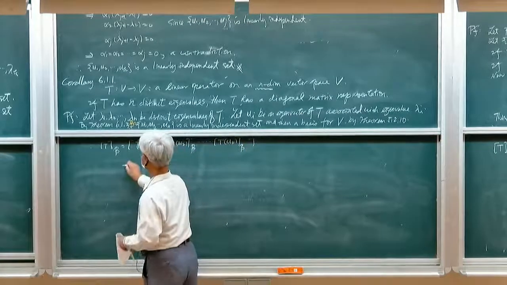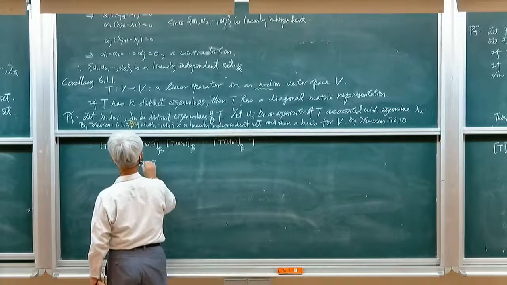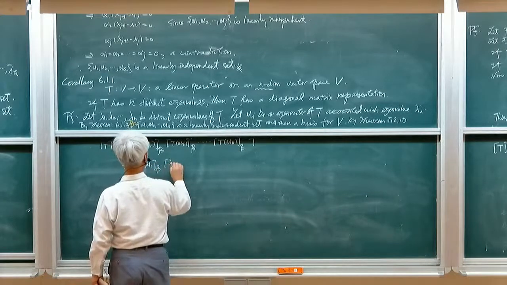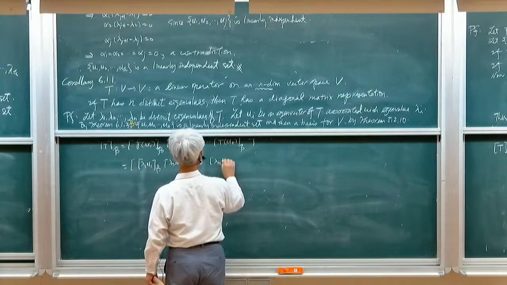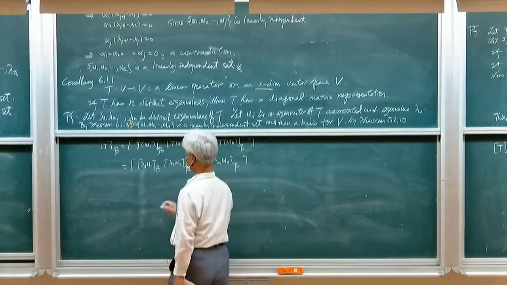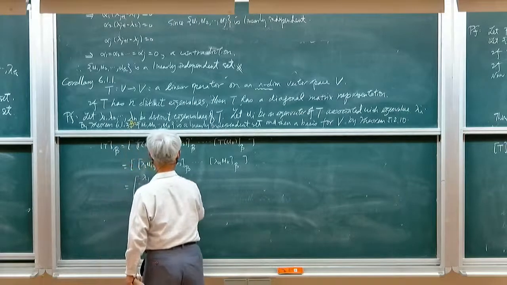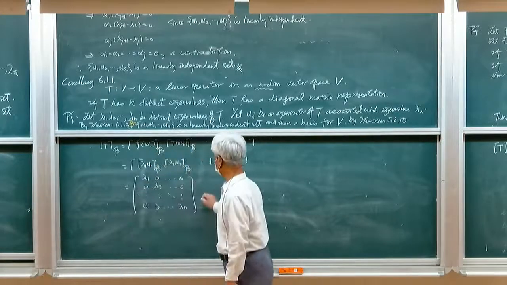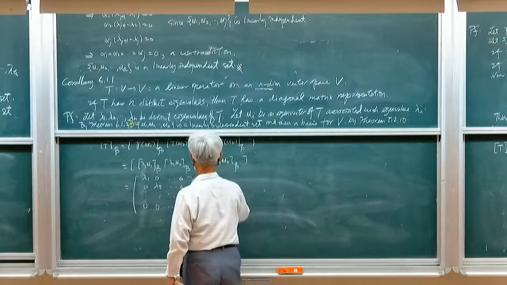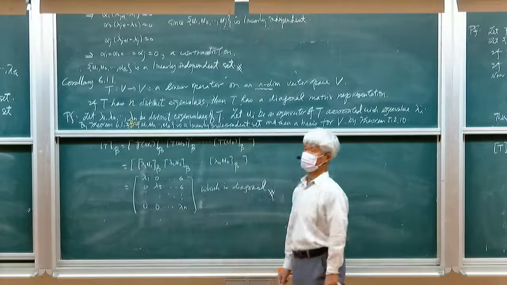Right. So this matrix representation: T(u1) is lambda 1 u1, T(u2) is lambda 2 u2, up to T(un) is lambda n un. Okay, and this is lambda 1, 0, lambda 2, 0, so it's diagonal. Okay, we have done.